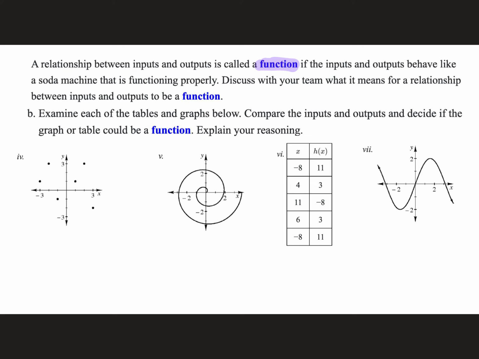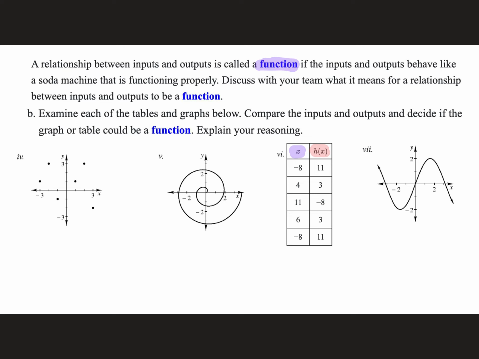There's lots of ways that we can look at this. We've looked at tables. We haven't taken a look at what that appears on a graph. So we're going to look at tables and graphs, remembering that every time we have a specific input, which we've been calling our x's, we should get the same output for that one input. If we get two different outputs for that same input, then it's not behaving like a function.